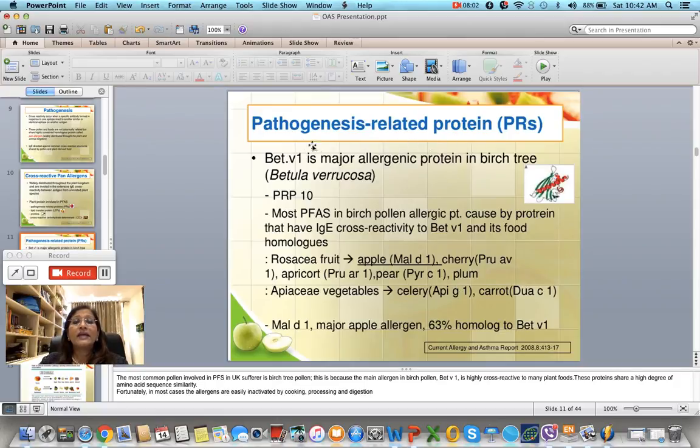So Bet v 1 is a component in the pollen of birch tree, and it has 63% homology to Mal d 1, which is a component in apple. Hence, people who are allergic to birch tree pollen would probably react to Mal d 1 in an apple when they consume an apple.